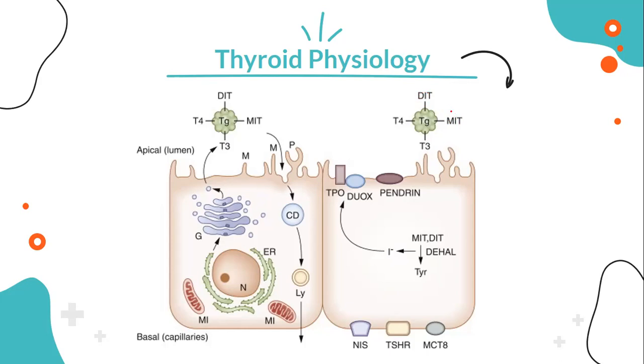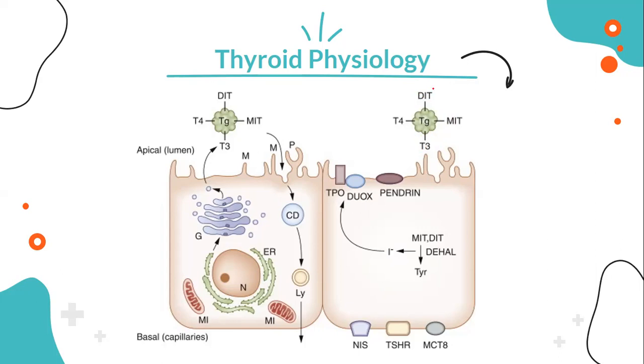After that happens, the third function of the TPO takes one MIT and one DIT, and then we have three iodines. This one had one, and this one had two. The TPO puts them together and creates a T3.